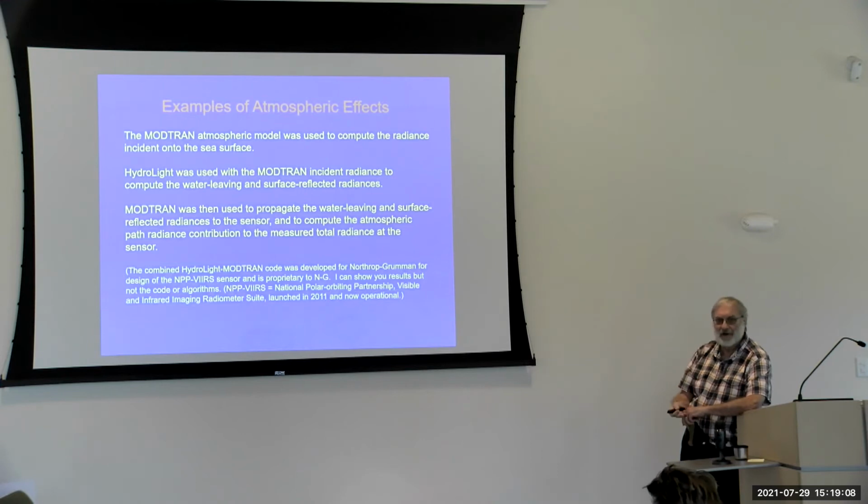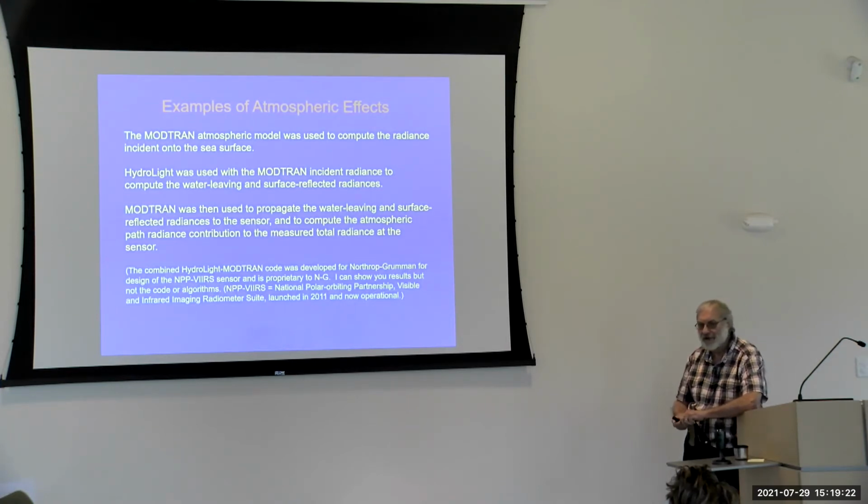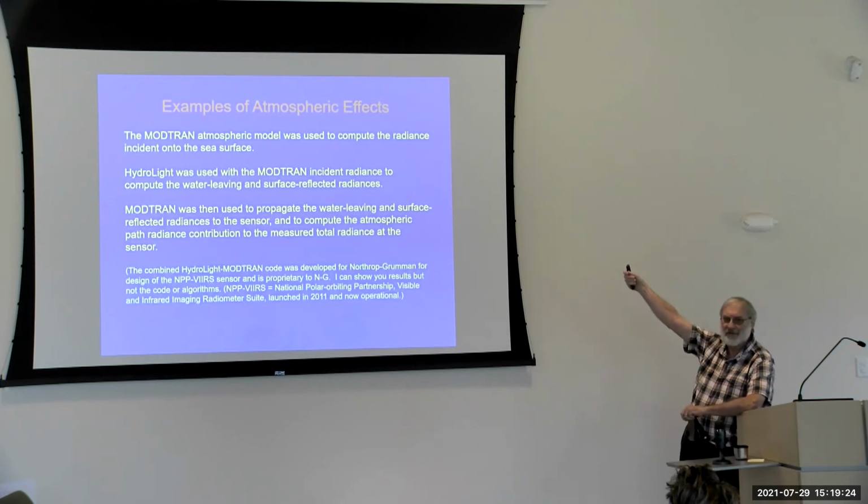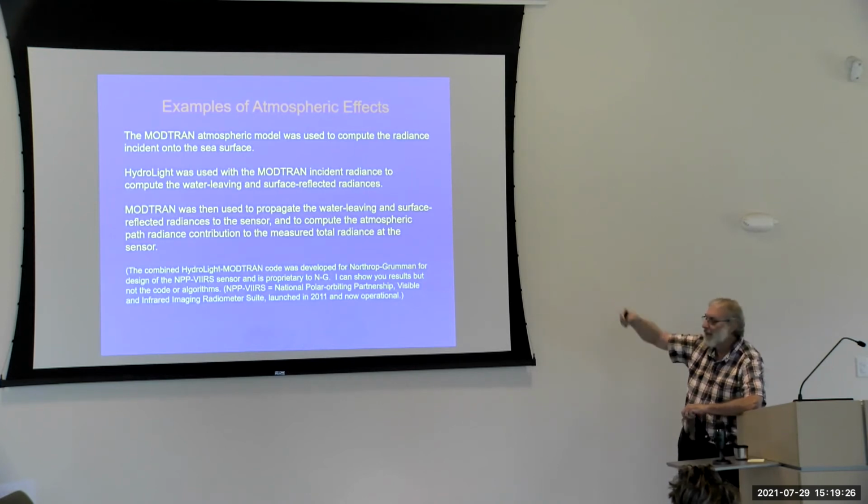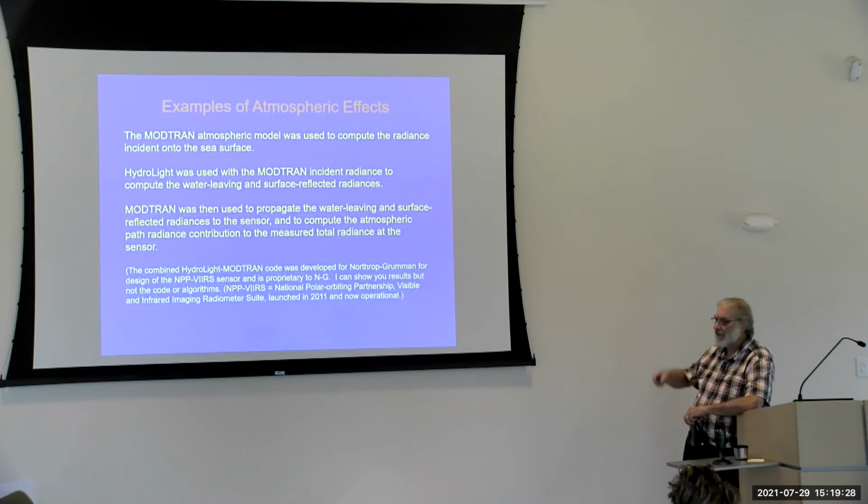I generated a radiance distribution onto the sea surface. I took that radiance distribution as input to HydroLight, solved the underwater light field and the radiance leaving the sea surface. Then I took the water-leaving radiance and I propagated that back through the atmosphere with MODTRAN. And then I got what I measured at the satellite, but now I know all the little pieces in between.